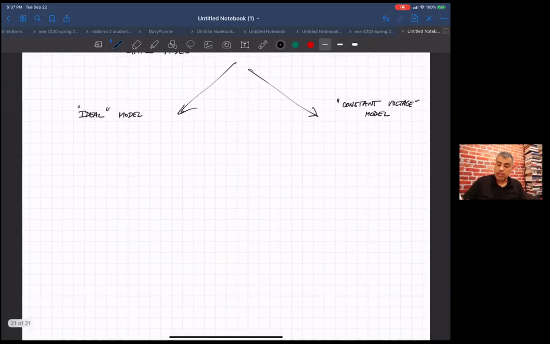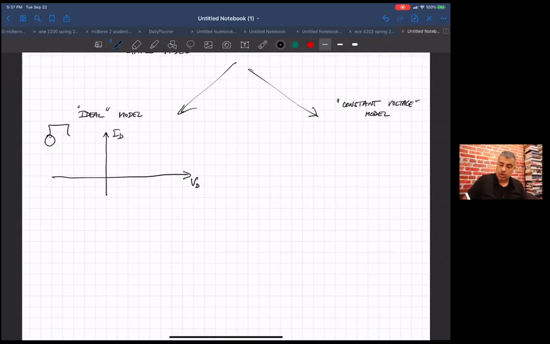Anyway, so the ideal model, again, what we said was, instead of this exponential characteristic, if I was going to draw the same V sub D versus I sub D curve, again, this is a voltage source across the diode.